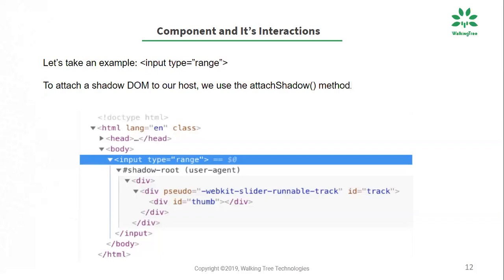So the same way we will create a component in our Angular also. There will be a selector and a template inside that selector. Means the user will know only the component selector.